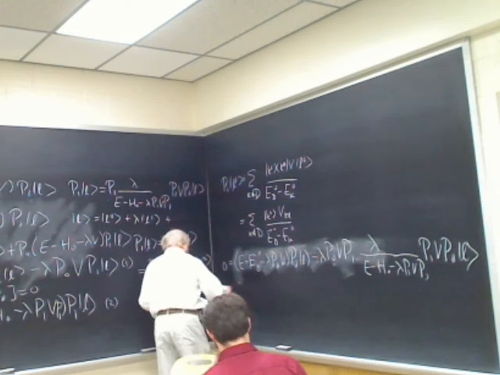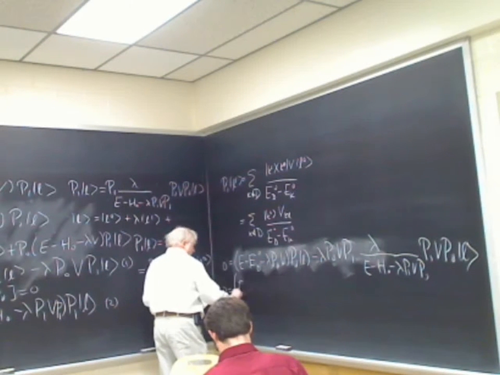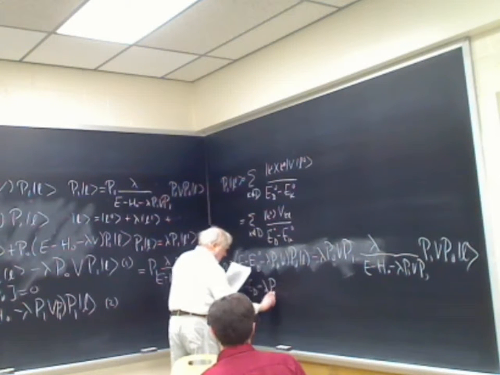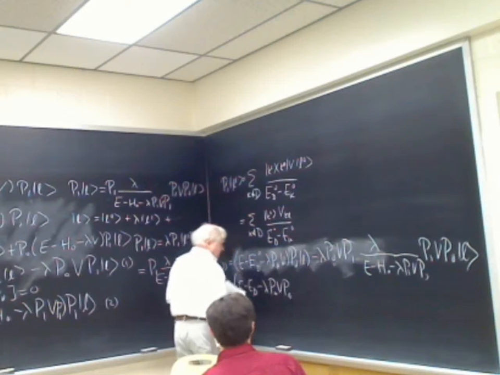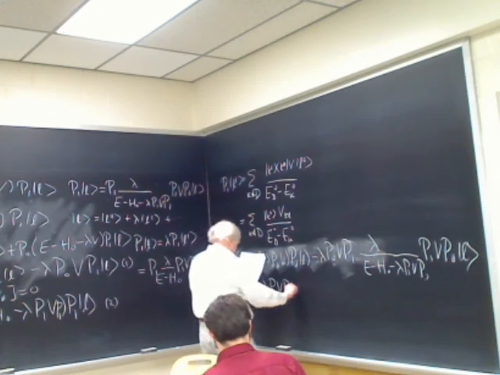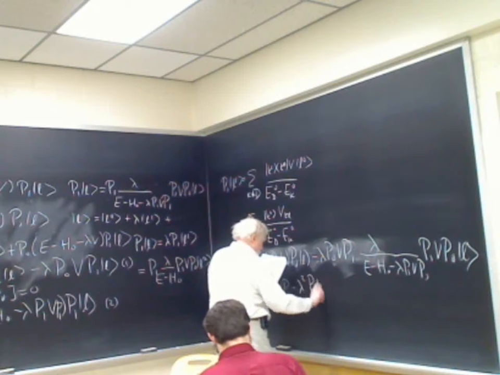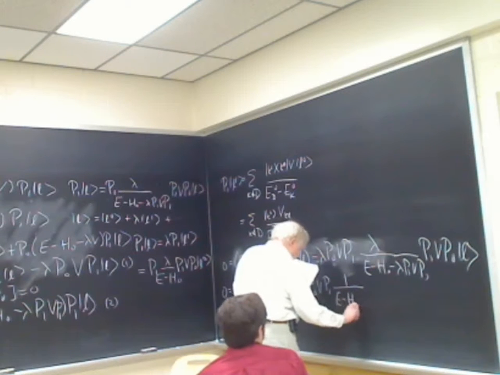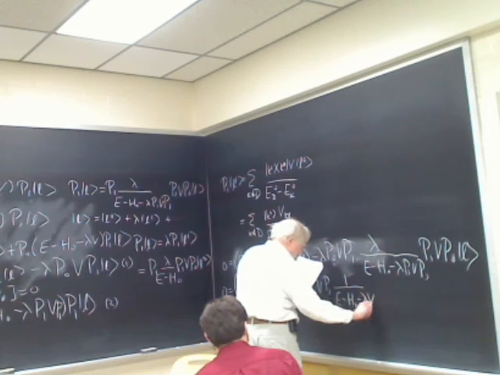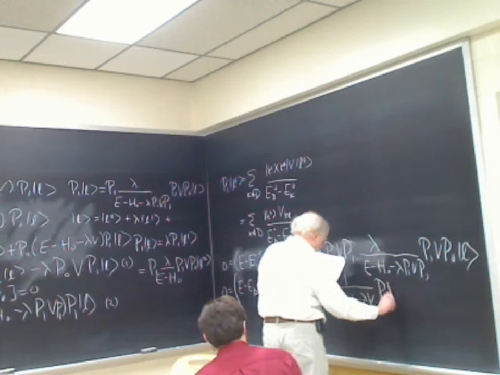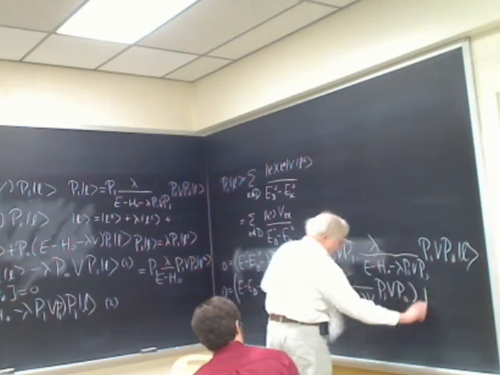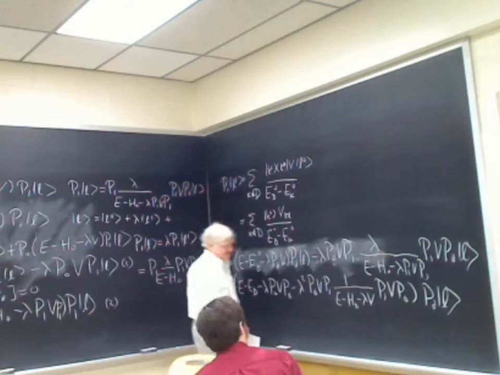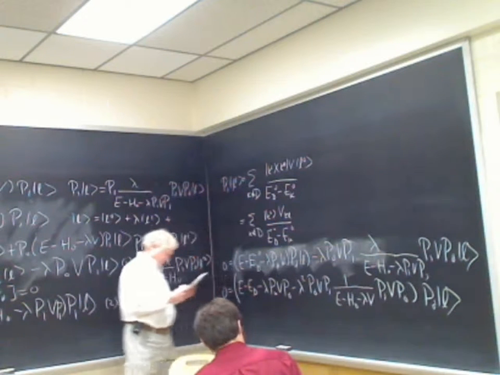So we can write this as 0 equals E minus ED0, minus lambda P0V P0, minus lambda squared P0V P1 1 over E minus H0 minus lambda V P1V P0, all on P0L. Sorry. Obviously, we're going to ignore that in a moment.